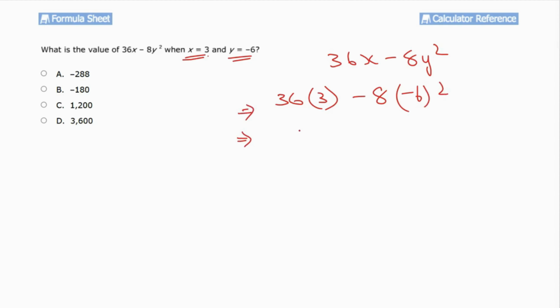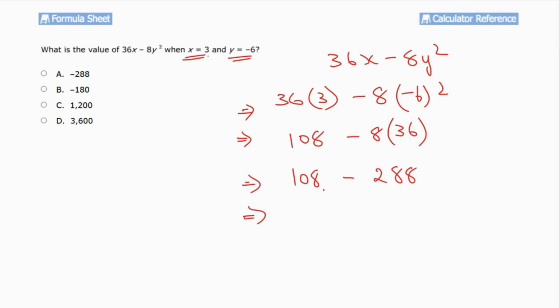Thirty-six times 3 is going to be 108 minus 8. Minus 6 whole square is going to be 36 plus 36, because it's minus times minus, that is plus. So it's going to be plus 36. And now 8 times 36, that's going to be 288.